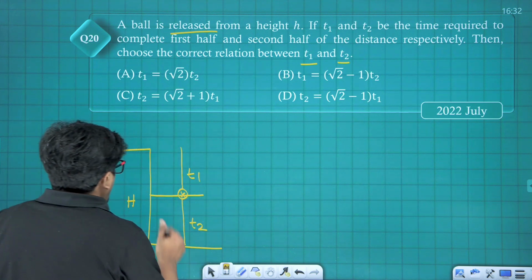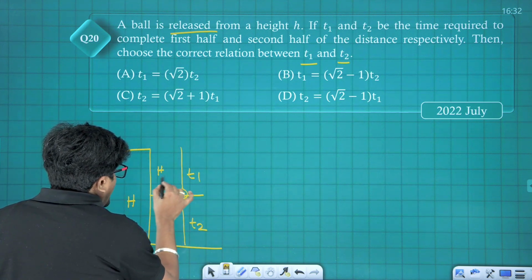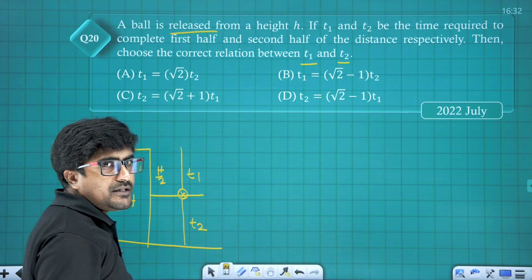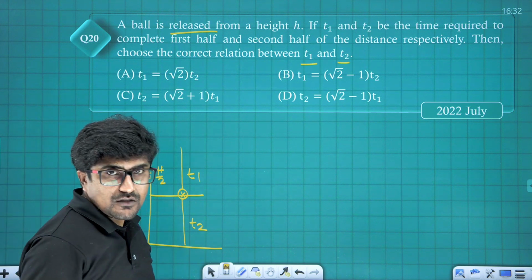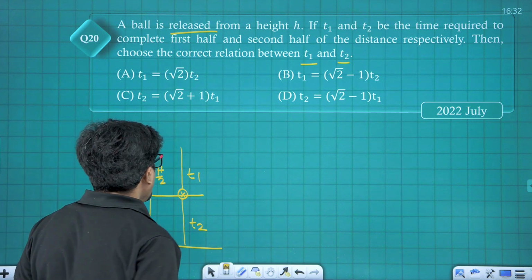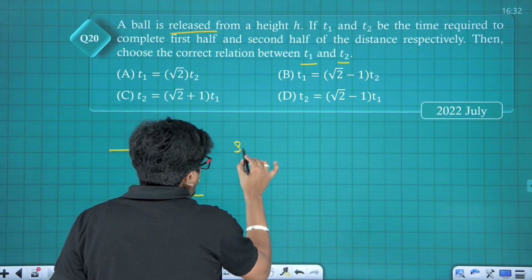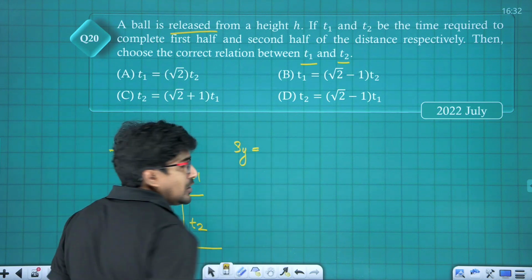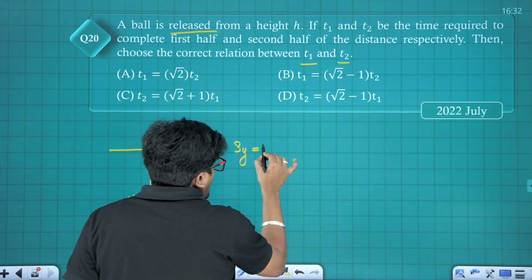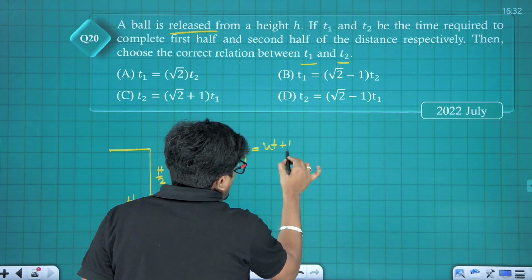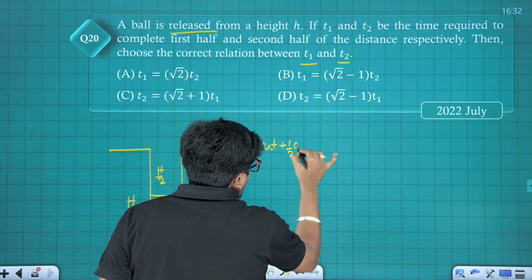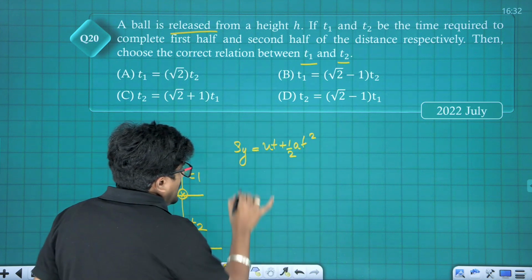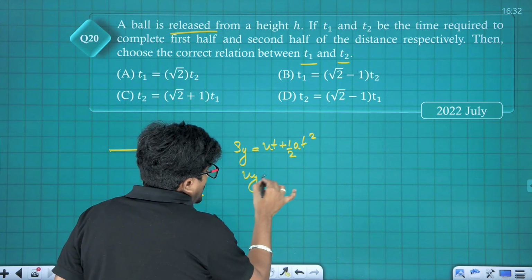Of course. So let me take this as h by 2, and let me write the expression for the first half journey. Let me take the equation again, s is equal to ut plus half a t square. Now you know that here the initial velocity is 0.